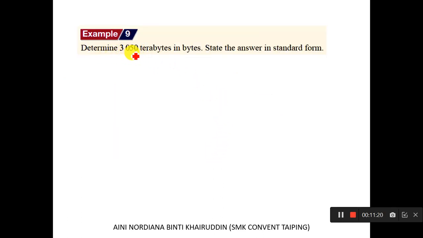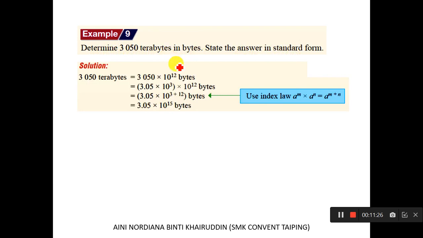Determine 3050 terabyte in byte. State the answer in standard form. So first, 3050 terabyte. Terabyte is 10 to the power of 12. This one you can refer to the table in your textbook. So times 10 to the power of 12.